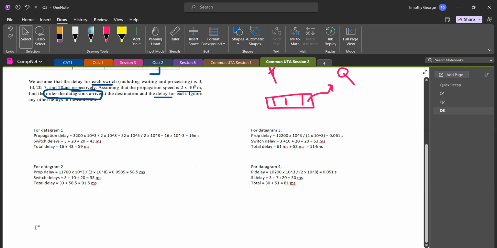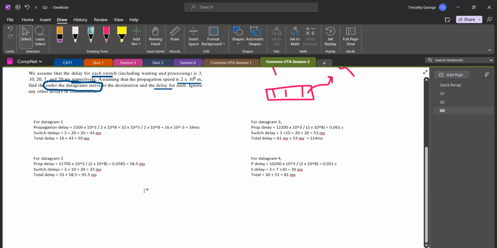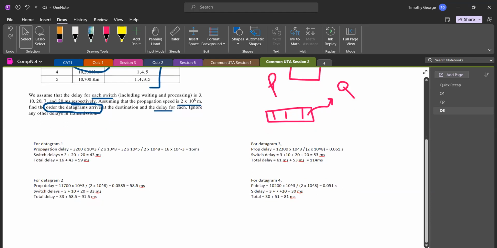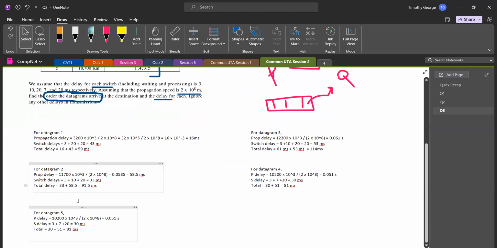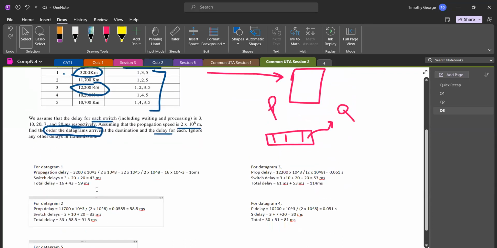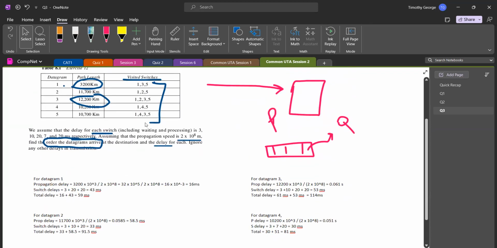Okay. For datagram 5, this is our last one. I'm just going to copy everything. So we have 10,700. The switches here are 1, 4, 3, and 5.